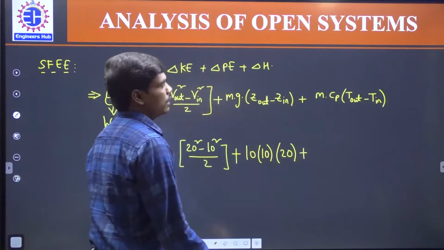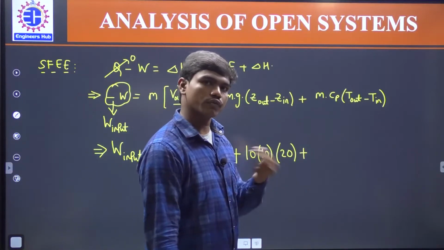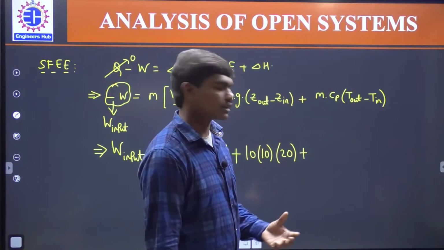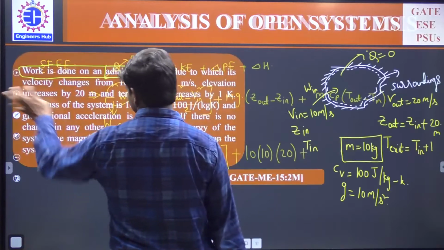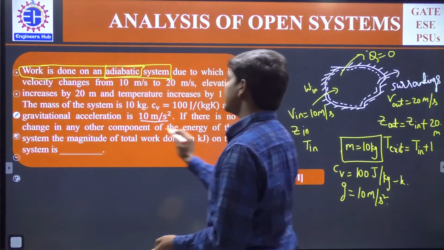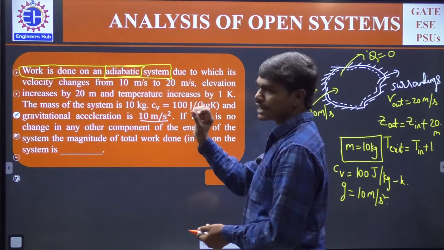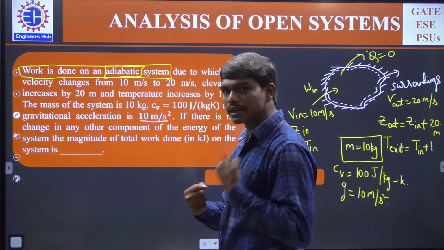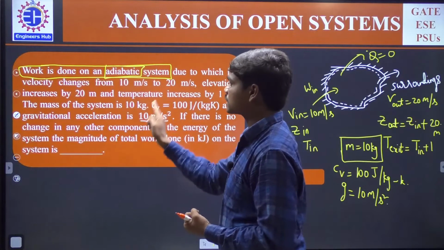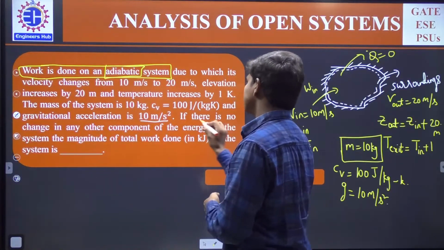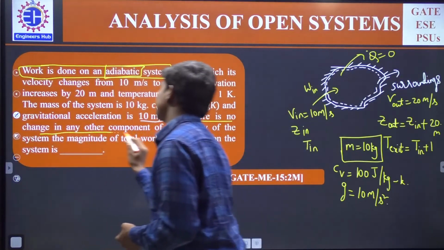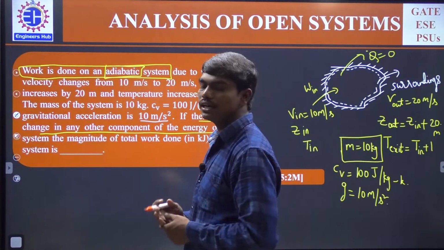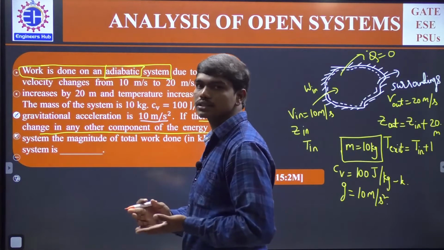Plus, now this term enthalpy is a combination of internal energy plus flow work, but it's clearly given in the question there is no change in any other component of the energy, means only the temperature is raised. But apart from these work transactions, it's clearly mentioned there is no change in any other component of the energy, means basically the changes with respect to flow energies is 0.